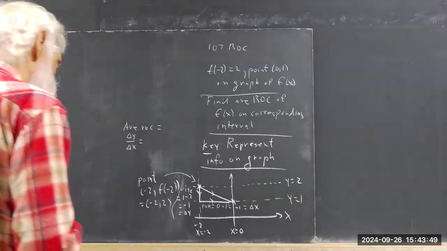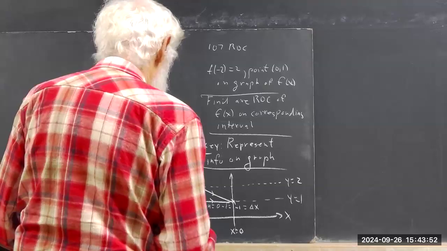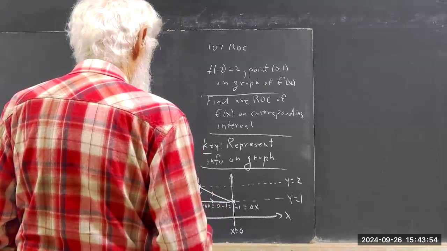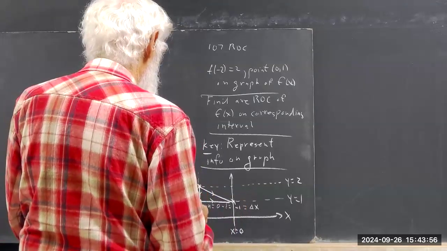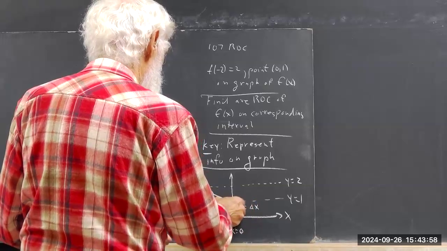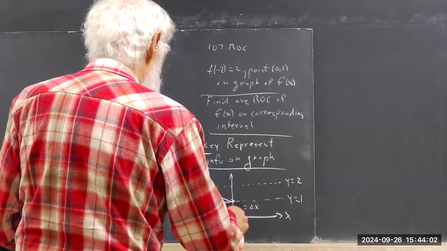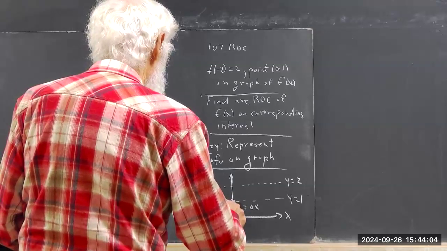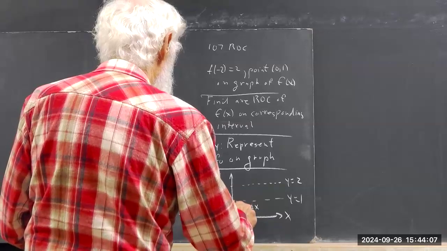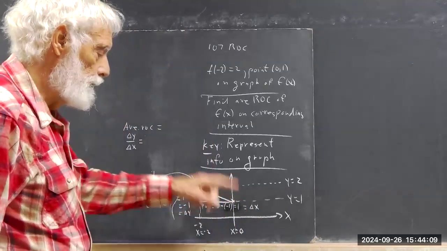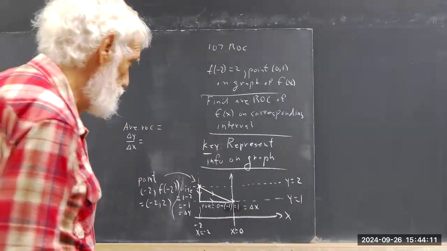And again, I was careless. It should be 0 minus -1 equals 1. So it's obvious that the run from here to here is 1. So -1 was not going to make sense.